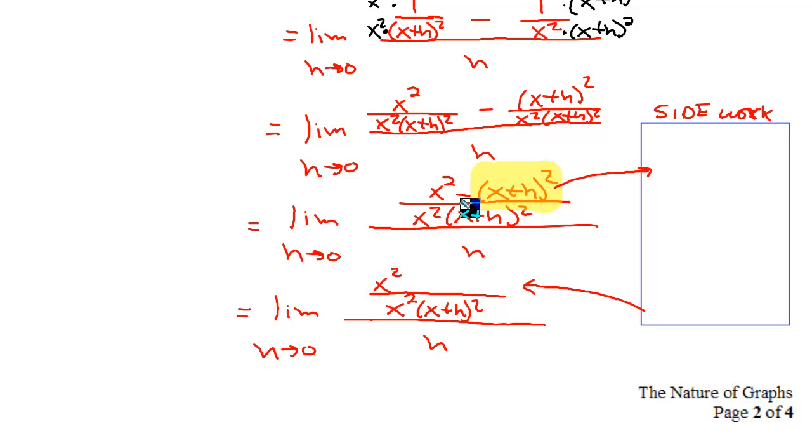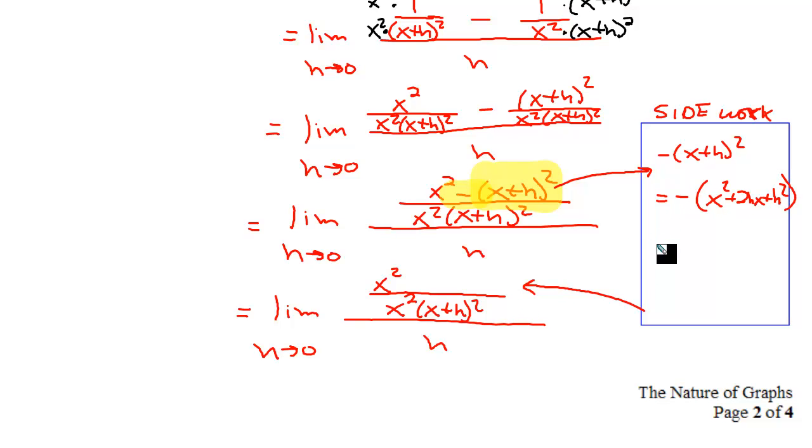So let's simplify this. It's a subtract. We want to get rid of the subtract. We're getting rid of the subtract x plus h squared. We're going to simplify this. Well, this is equal to a minus (x squared plus 2hx plus h squared).